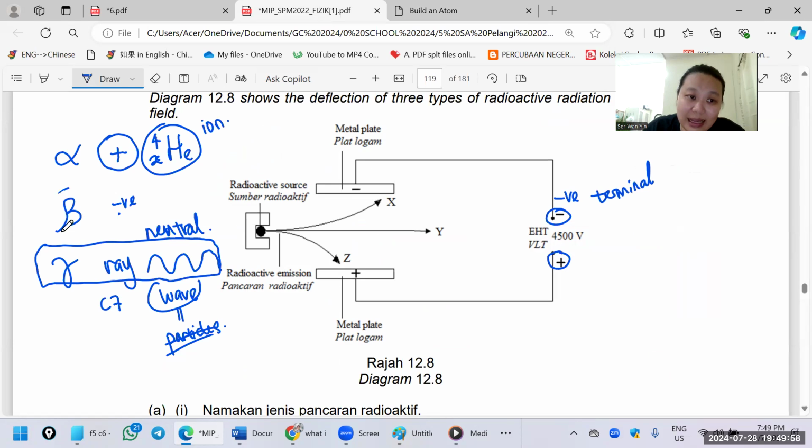Means beta is negative, so it will be attracted to the positive plate. So this is beta. So positive alpha will be attracted to the negative plate, but gamma is neutral, goes straight only.